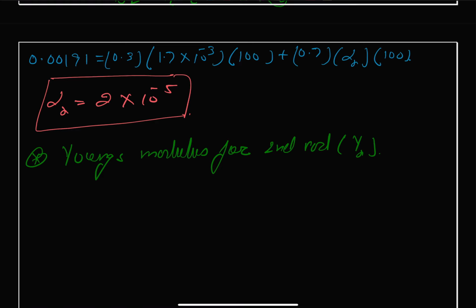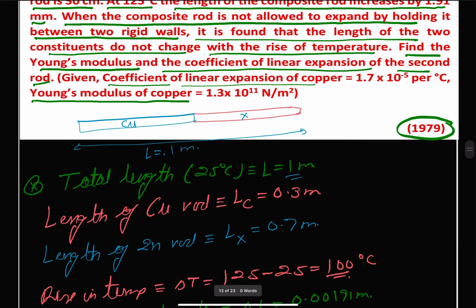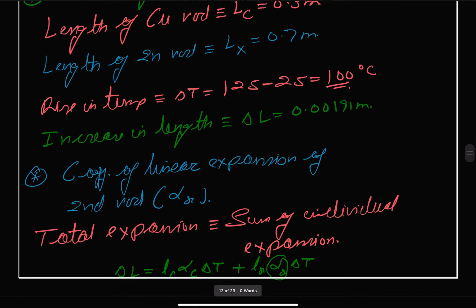In this case, we are given that the entire rod setup, consisting of both rods, this is our copper rod and this is our rod x, is connected in between two rigid walls.